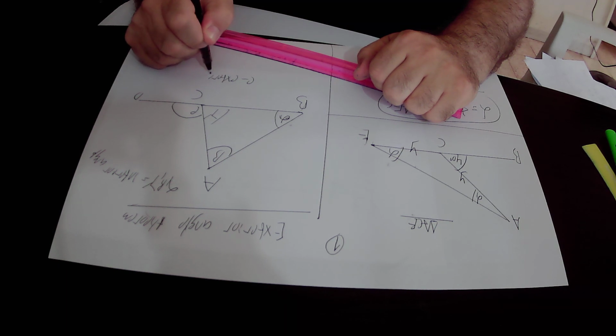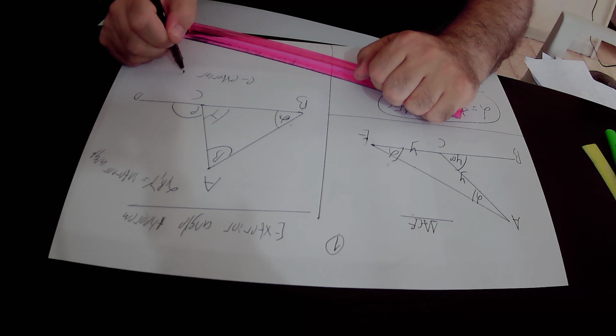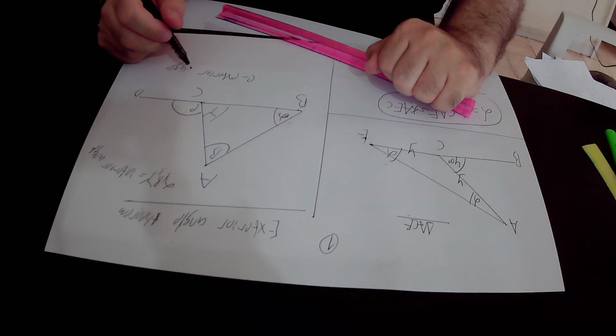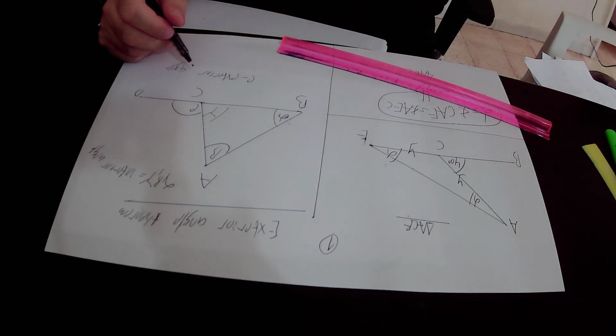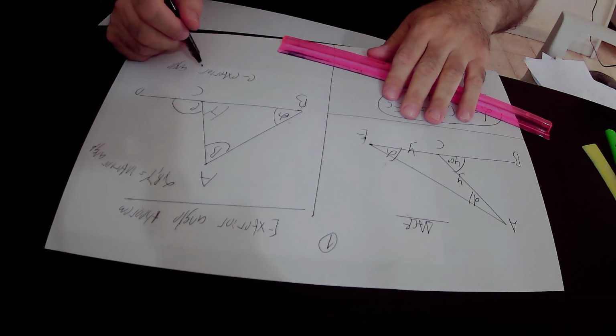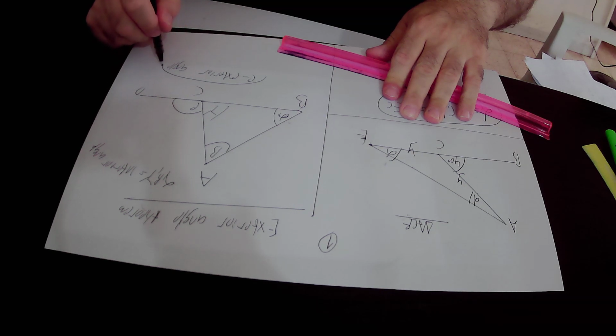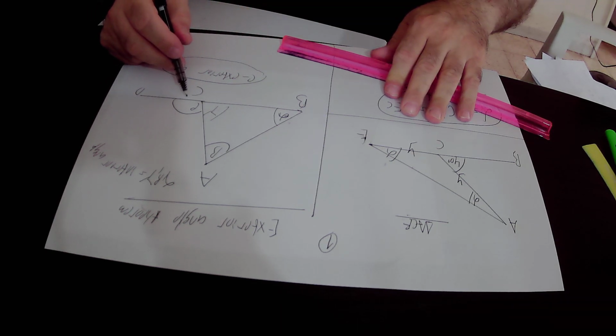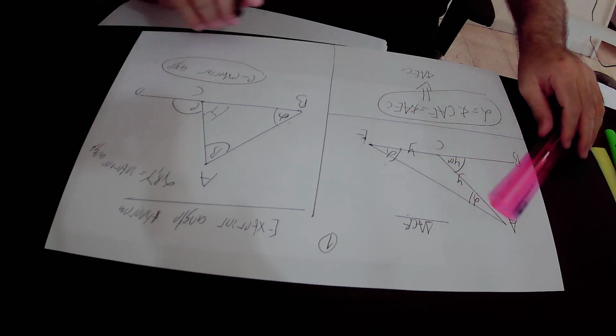So why is it an exterior angle? Because angle ACD is not located inside triangle ABC, therefore it is defined as an exterior angle. So alpha, beta, and gamma are interior angles, and angle E is the exterior angle.